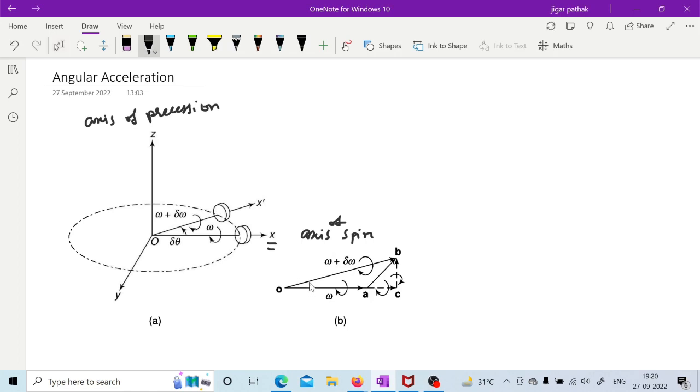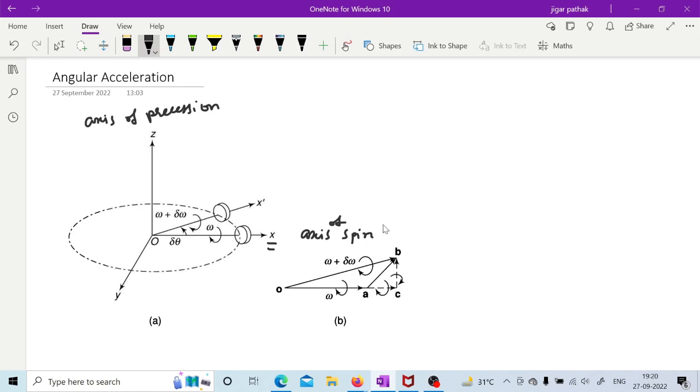So if we only discuss this angular acceleration, you can see omega has changed to omega plus delta omega. What will be the different components of this vector AB, because that will be your angular acceleration? It has a horizontal and a vertical component.